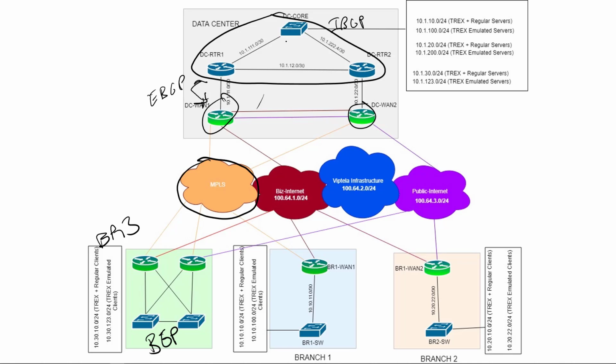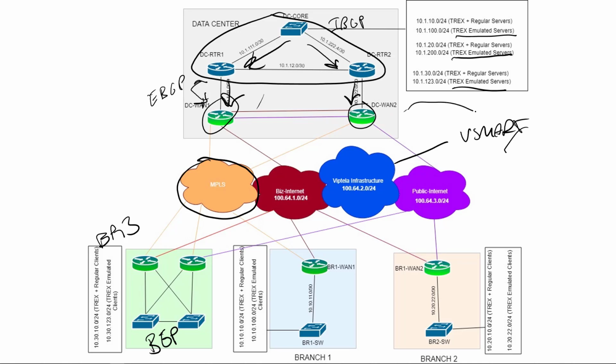So just to walk through it a little bit, the DC core will advertise a route of some sort, like maybe the T-Rex emulated server routes will be advertised to DC router 1 and router 2. They'll advertise it to the SD-WAN boxes, and then the SD-WAN boxes will put that in OMP and advertise it off to the infrastructure, so vSmart, through OMP.